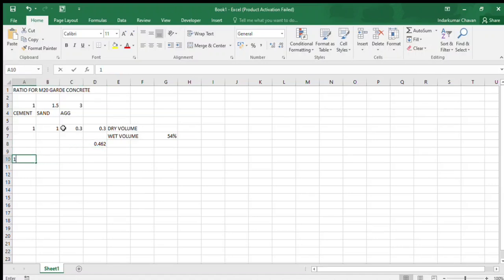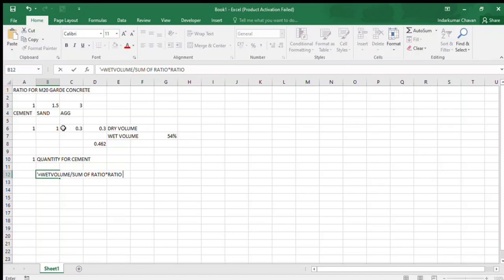So the first one is the quantity for cement. For the calculation of cement, the formula is equal to wet volume divided by the sum of ratio and multiplied by the ratio for cement.